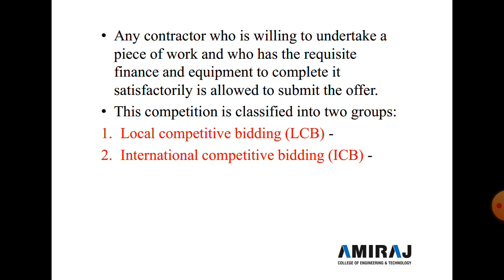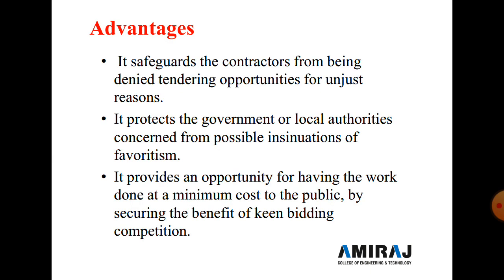And ICB means international competitive bidding. When it is open to all contractors including international firms, international companies also filling up this tender, it is called ICB. So LCB is local and ICB is international competitive bidding.